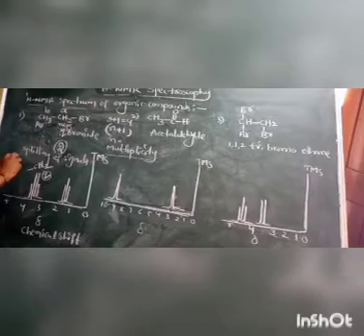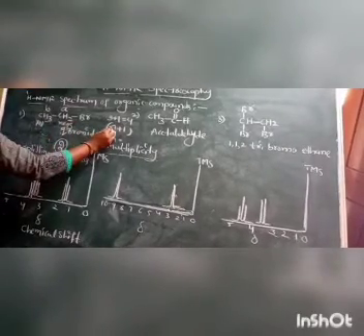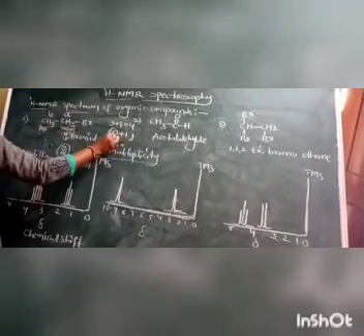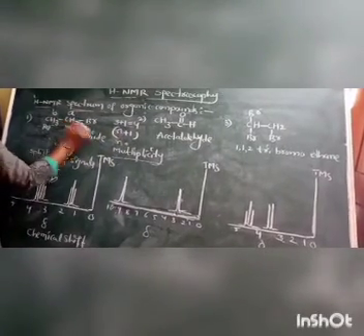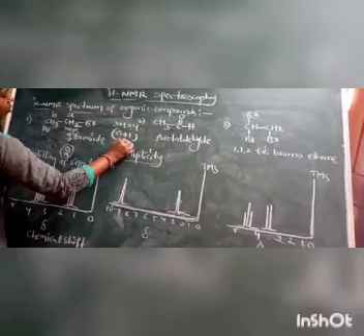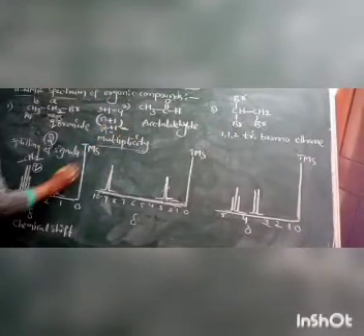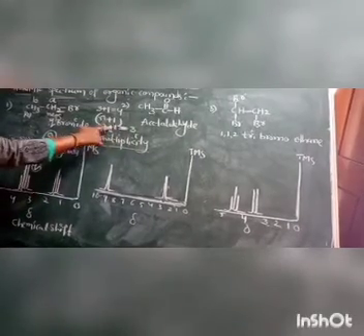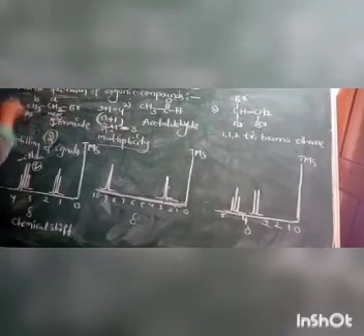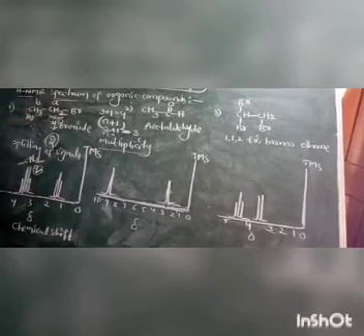Only neighboring protons are taken. So here, N plus 1 rule: N is equal to the number of neighboring protons. How many protons? 2 protons are there. Then here 2 plus 1 equals 3 for B type of protons.